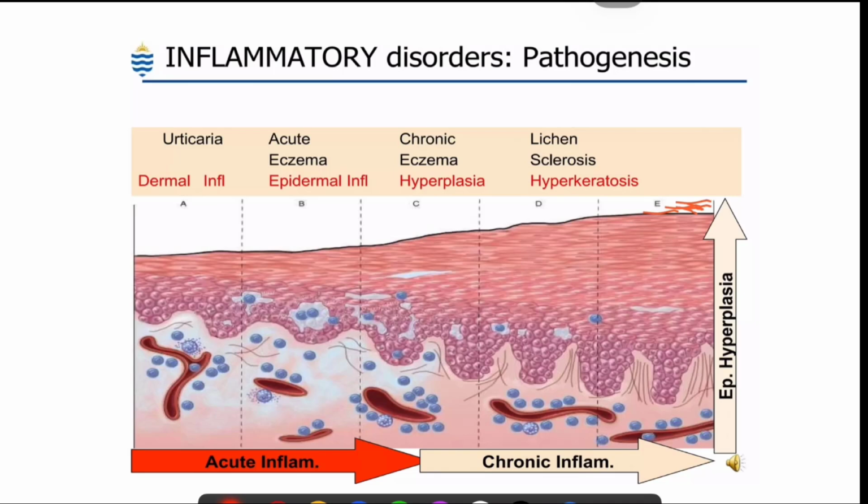So here again, dermal inflammation. Here you can identify in the acute stage epidermal inflammatory cells as well as dermal inflammatory cells, perivascular inflammatory cells. Then there is acanthosis and spongiosis. Spongiosis is nothing but the edematous space between the two cells. So this is spongiosis.